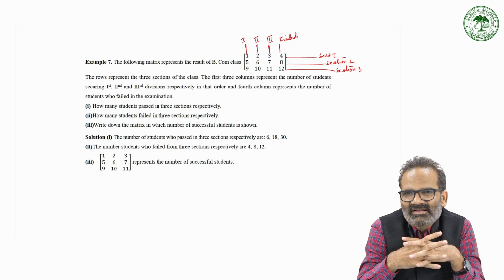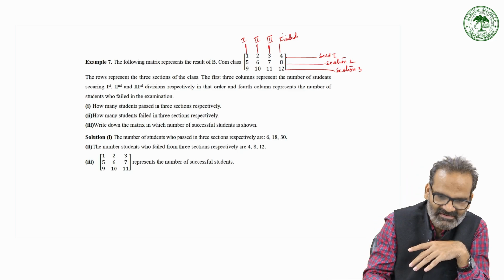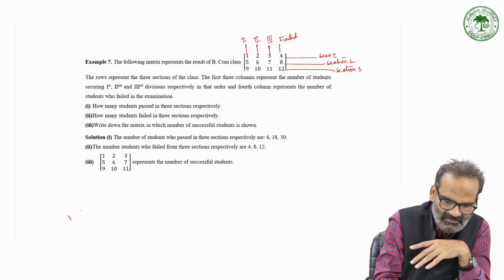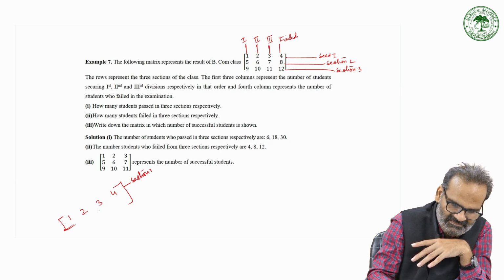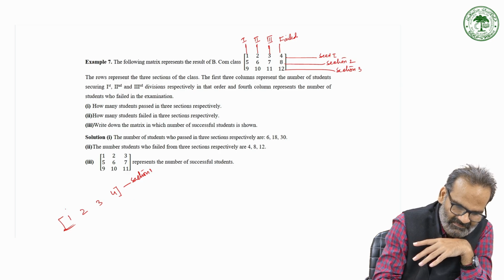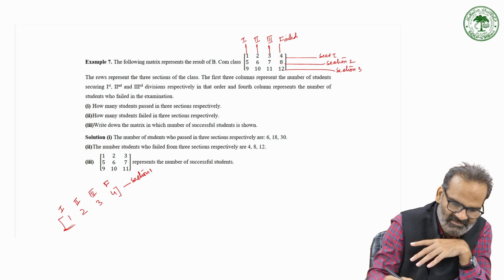See at row 1. Row 1 is what? Row 1 contains this 1, 2, 3, 4. Okay, this is your row 1. Let me explain. This is your section 1, right? I am showing you by one row only. The rest you can understand. This is first division, this is column 2 second division, this is third division, and they are failed, right?